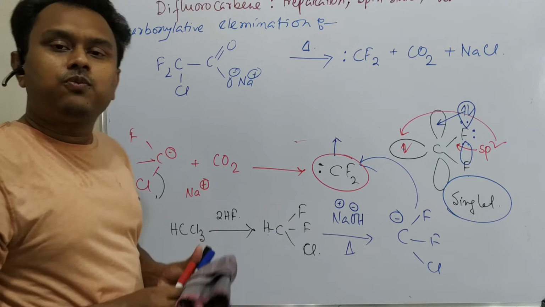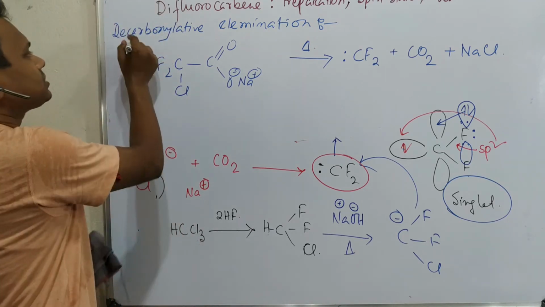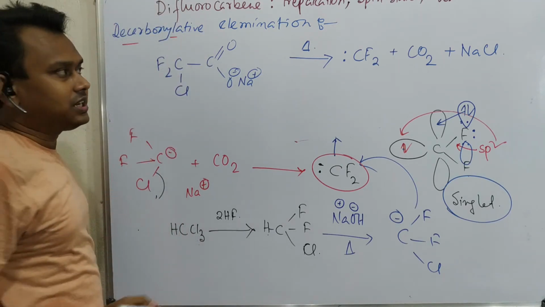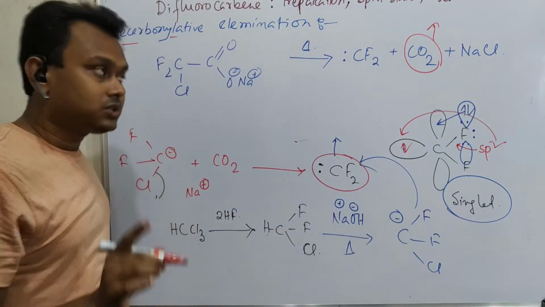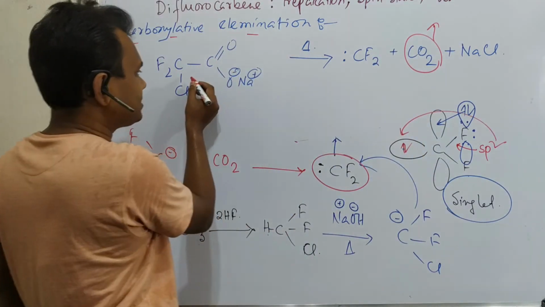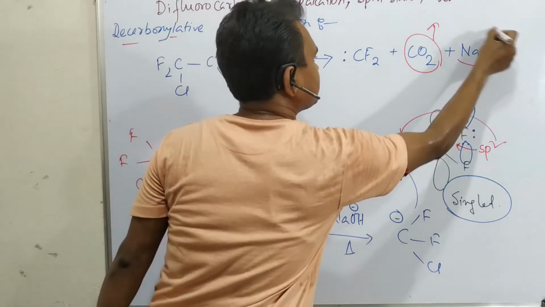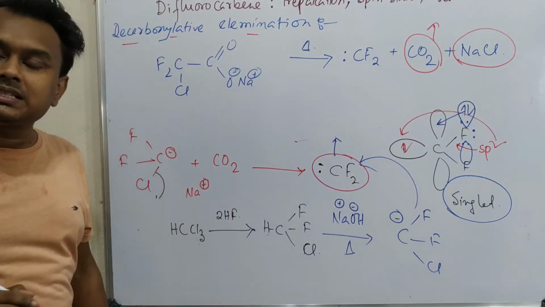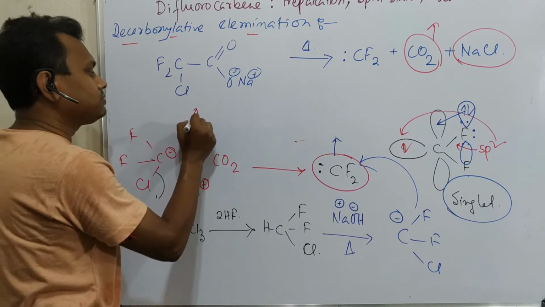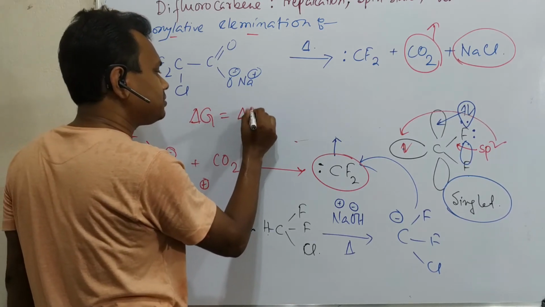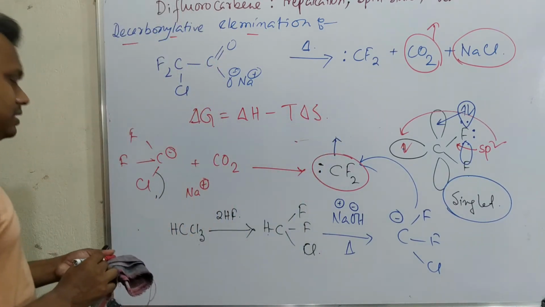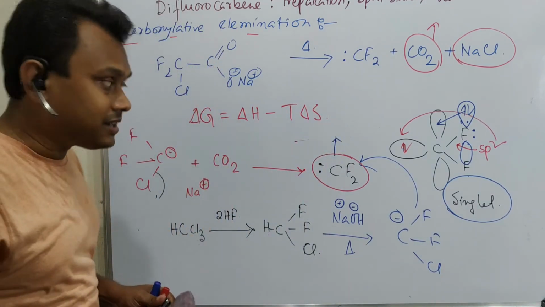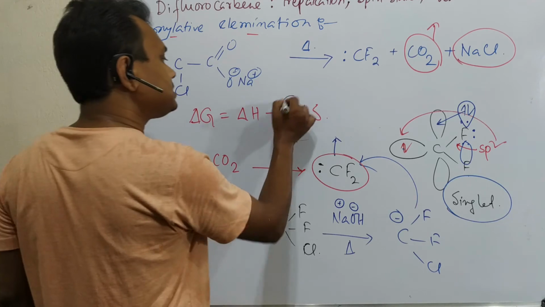Now the question: why is this called decarboxylative elimination? Decarboxylative means CO2 elimination, the carboxyl group is going out. Then the elimination means Cl elimination to produce sodium chloride. Now, why is this process so facile? Because of the free energy, delta G equals delta H minus T delta S. This process happens at relatively higher temperature, meaning T is dominant.